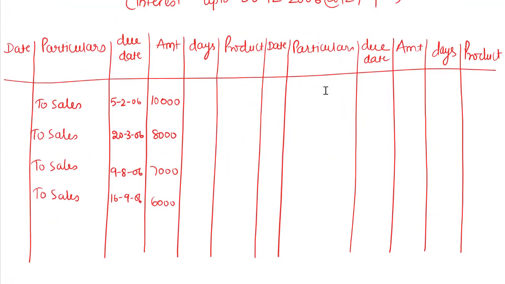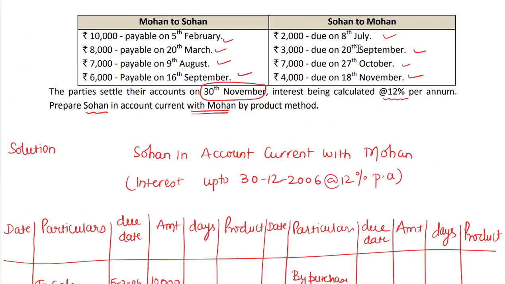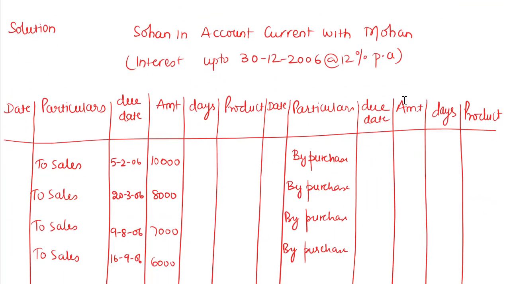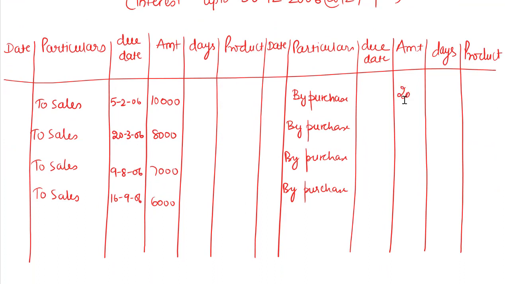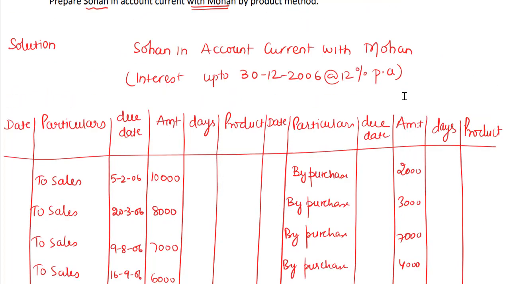Now write by purchases, by purchases, by purchases, by purchases. Write the amount 2000, 3000, 7000 and 4000.